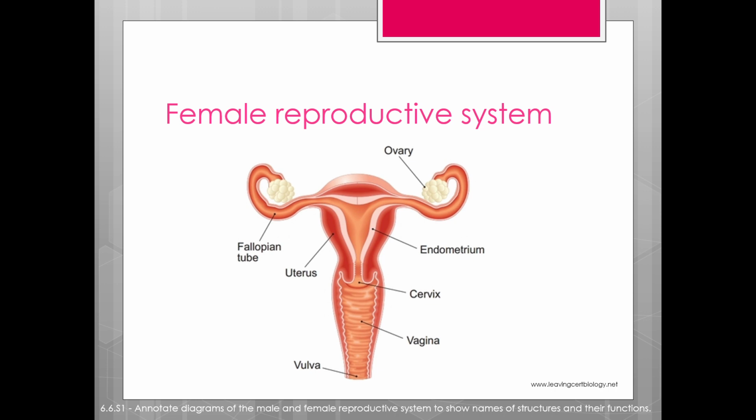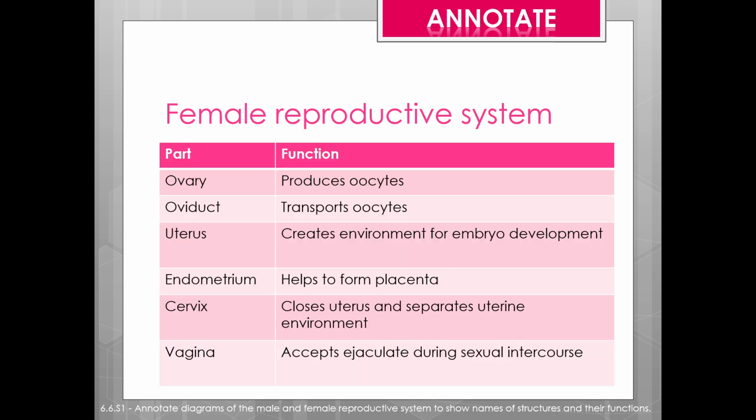What about the functions of all these parts? I assume that at least some of them are rather obvious. Ovaries will produce oocytes. Oviducts will transport oocytes, but there is also one additional function which many people seem to overlook. This is exactly where fertilization should take place.